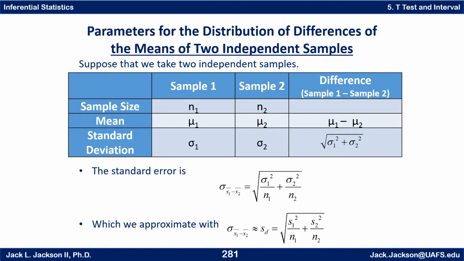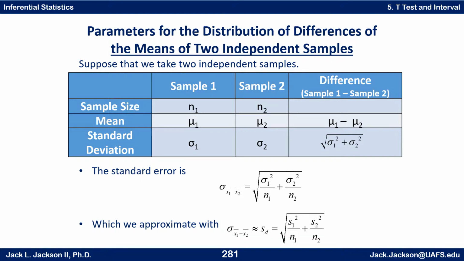Then the difference would have a mean of mu1 minus mu2, if we subtract in that order, sample 1 minus sample 2. And the standard deviations are sigma 1 and sigma 2, respectively. And so that would be the square root of sigma 1 squared plus sigma 2 squared. Square them, add, then square root for the standard deviation of the difference.